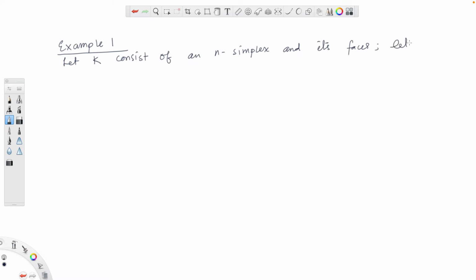Okay, so that's the underlying complex. Let K0 be the set of all proper faces of K.